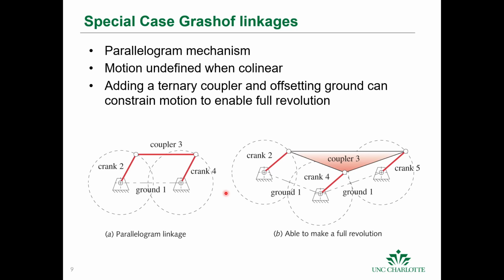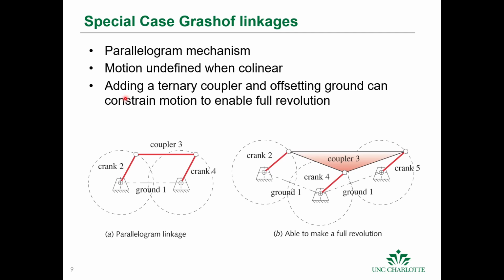So there's some special cases, which we said. There's the parallelogram mechanism, but the motion in this mechanism, which can be really good for lifting things up and down, is undefined when all the links are collinear.